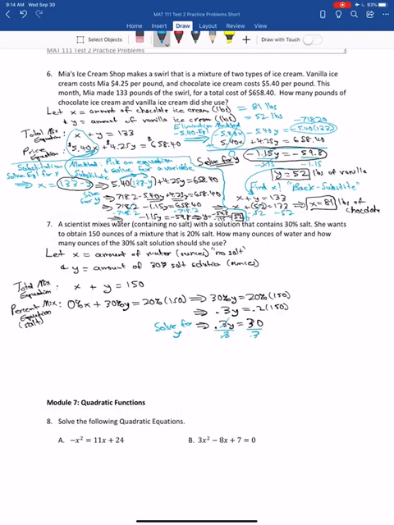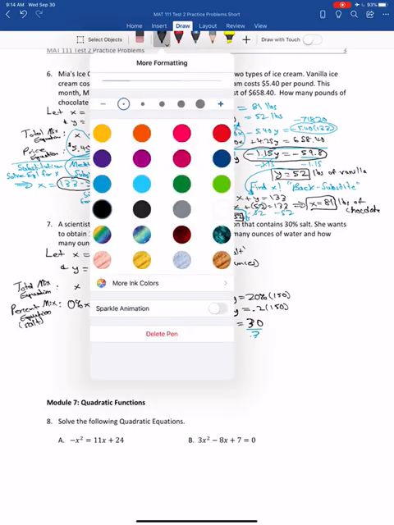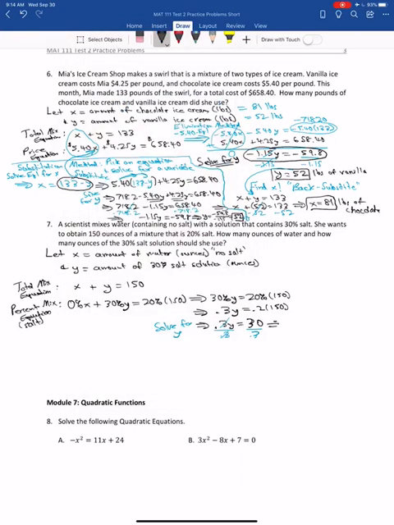So y is equal to 30 divided by 0.3, which is 100. So we got 100 ounces of the 30% salt solution. That's what y represented.